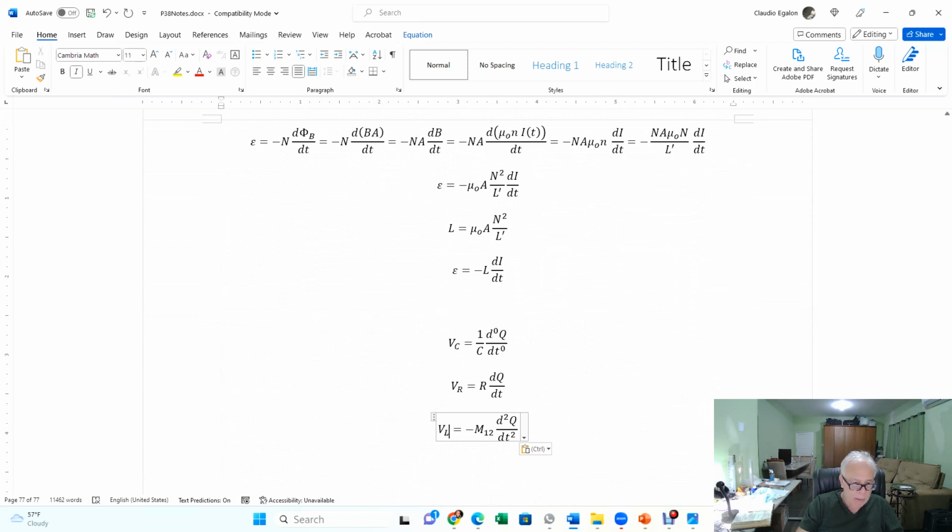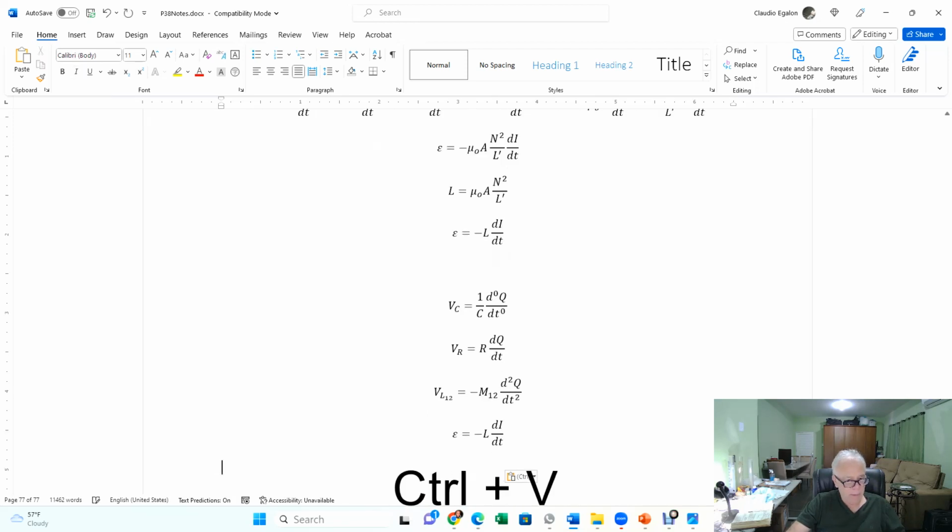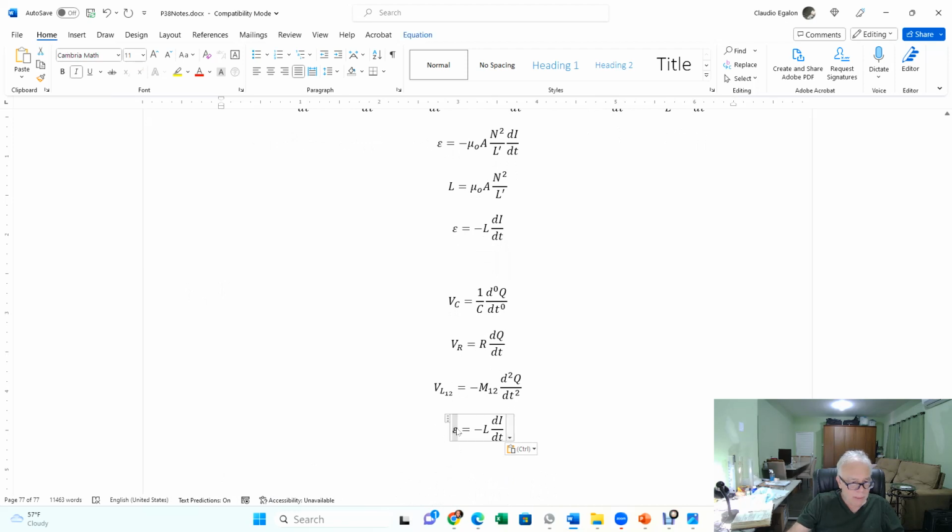Okay, that's going to be L12, right? Inductor 1, 2, and now I'll change my notation to V sub L or L di dt.